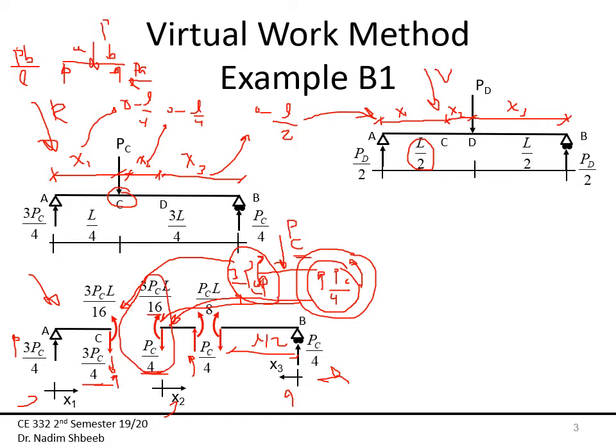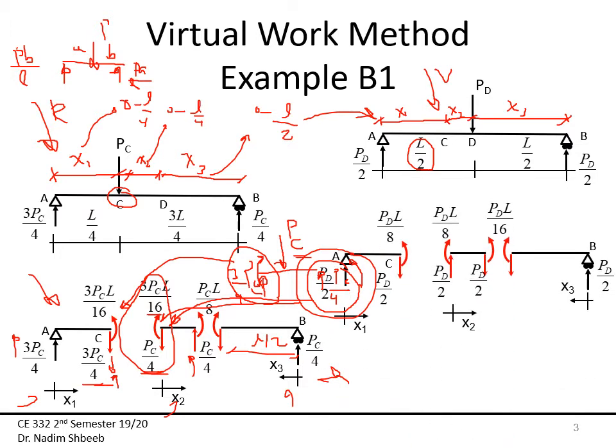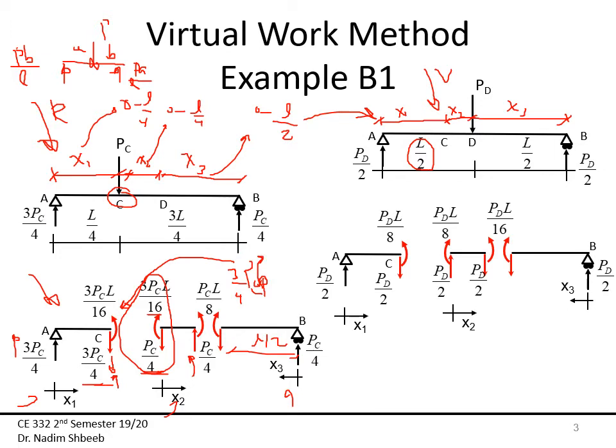If we go to the virtual system, it's basically the same. Let me just remove that. Don't get confused. Okay, right. So I'm doing the same thing over here as well in the virtual system. The only difference now, what I did under PC, I'm going to do it under PD with the same thing, and I leave that up to you.